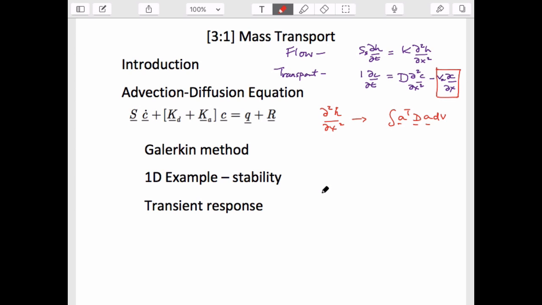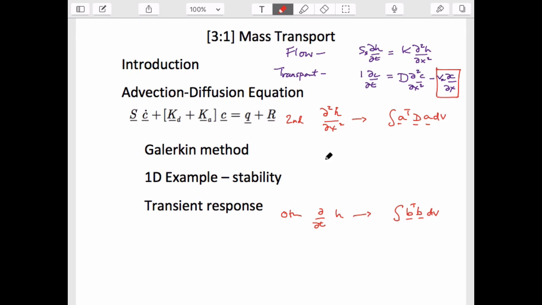Anytime we had a 0th order term, d dt with no spatial dimension, times h, then we had something that looked like what we just finished dealing with: just the shape functions, dv.